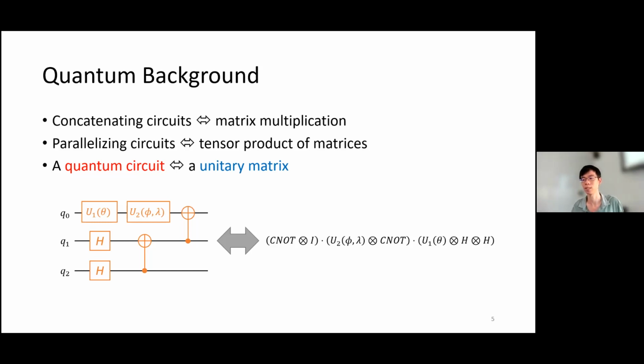That symbol is the CNOT gate, a 2-qubit gate. So it's equal to multiplying by U2 tensor product CNOT in the middle. Finally, you have only a CNOT in the third column, so you just multiply by CNOT tensor product identity on the third qubit.